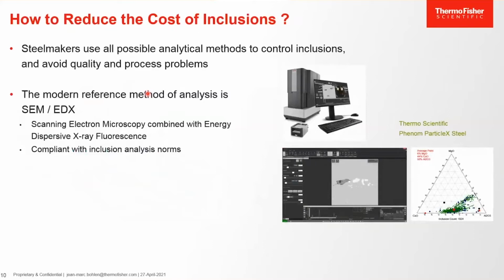So how to reduce the cost of the inclusion analysis? Steel makers try everything and use all the possible analytical methods to control the inclusions and avoid quality and process problems. The modern and probably most known technique nowadays is SEM-EDX. This is really the reference technique, combining scanning electron microscopy and energy dispersive X-ray spectroscopy.